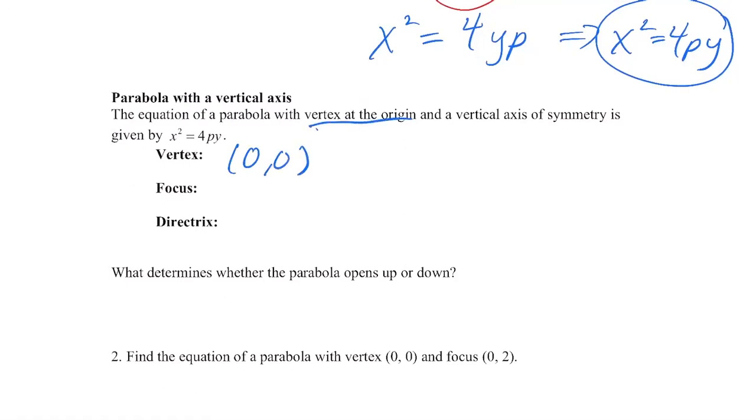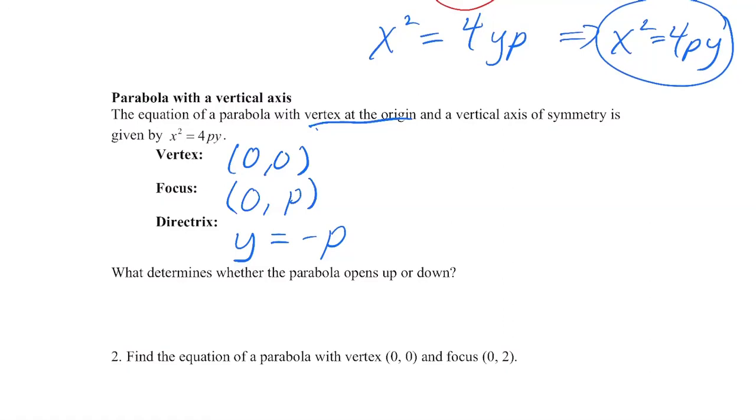The focus will always be p units above the vertex, so the focus will always be at 0, p. And the directrix will always be p units below, so the directrix will always be y equals negative p. Now, it's important to note that these values would hold if our parabola was opening up or opening down.